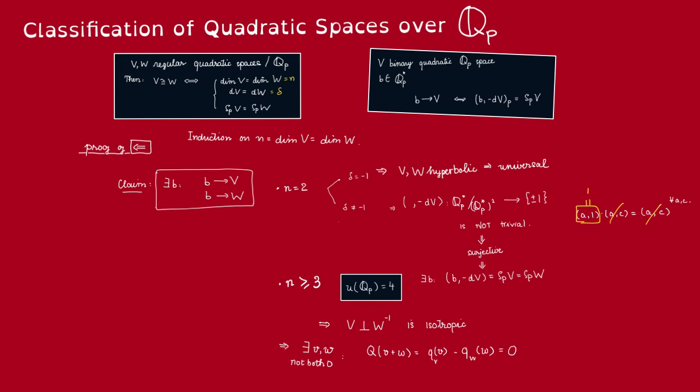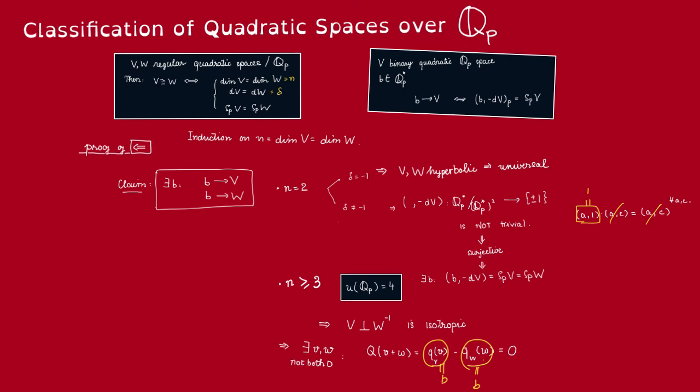But the quadratic form on this is just going to be the sum of the quadratic forms, and the quadratic form of the scaled space by definition is just minus the quadratic form on W. So we see that there is some vector v and w, not both 0, such that this is equal to 0, but that means Q(v) is equal to Q(w), so we can set this equal to B. Right?